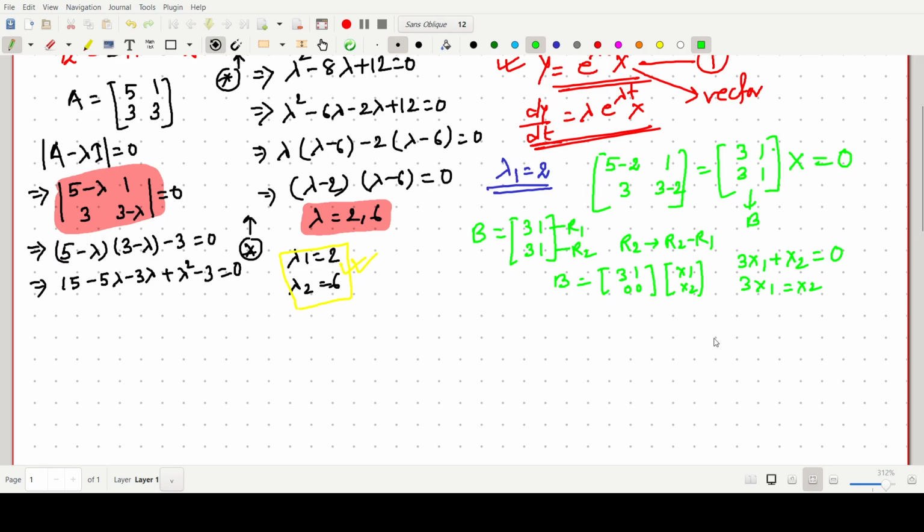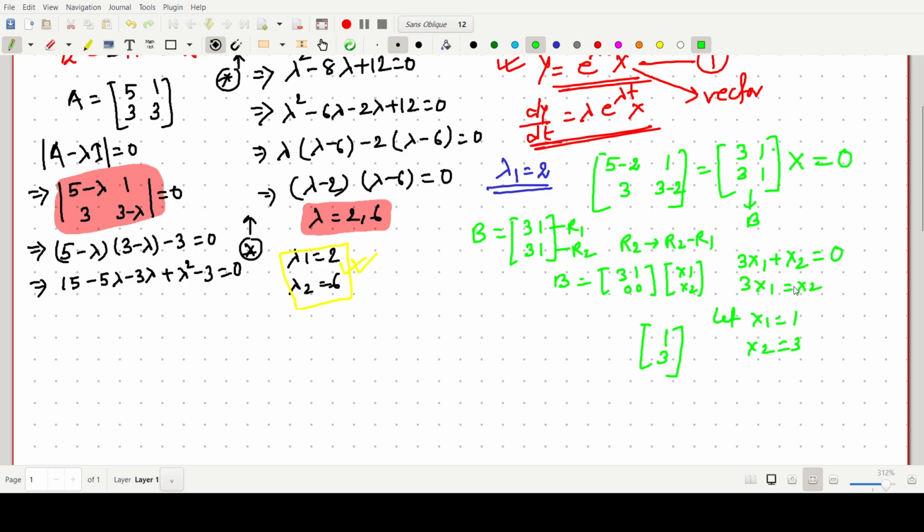So what should be the answer? If let x1 equals to 1, x2 becomes 3. So the eigenvector is nothing but simply 1 and 3.